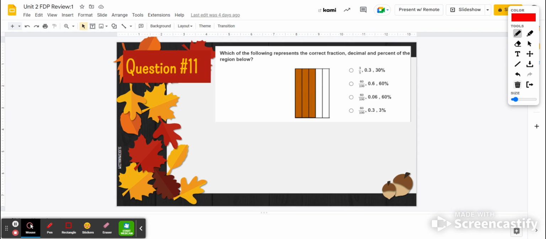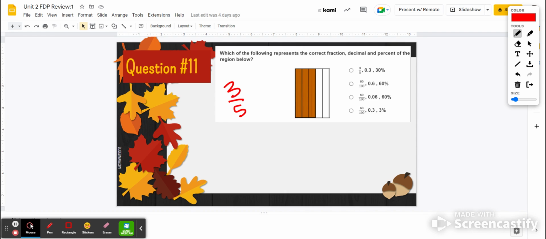All right, which of the following represents the correct fraction, decimal, and percent of the region below? So if we look here, we see 1, 2, 3, 4, 5. So we have a total of 5, and we have 3/5. Look at that, 3/5.